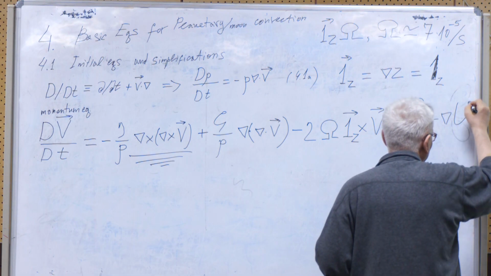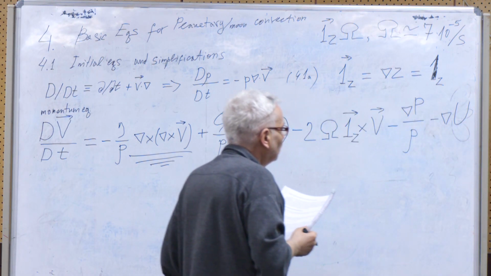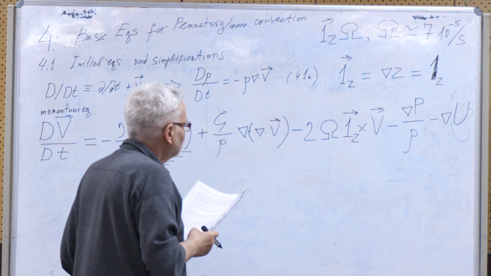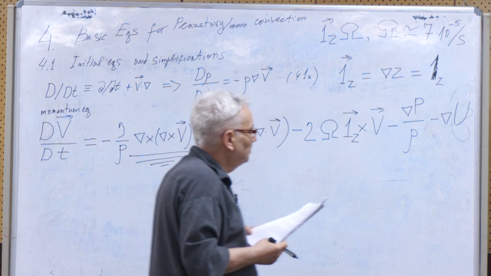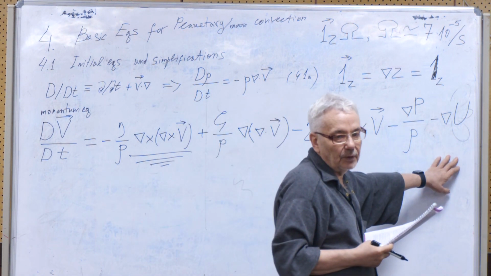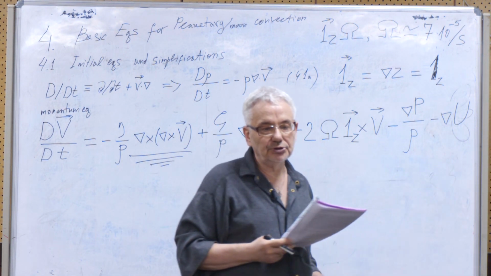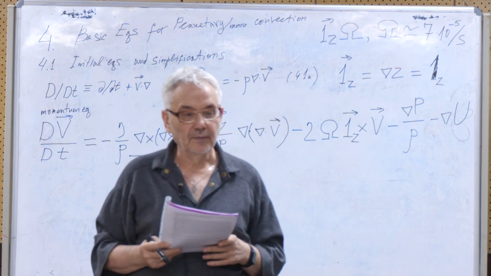There is a gravitational influence U, so there is a gravitational potential U, and it's perhaps the most important part of all this stuff, because it actually drives the convection.